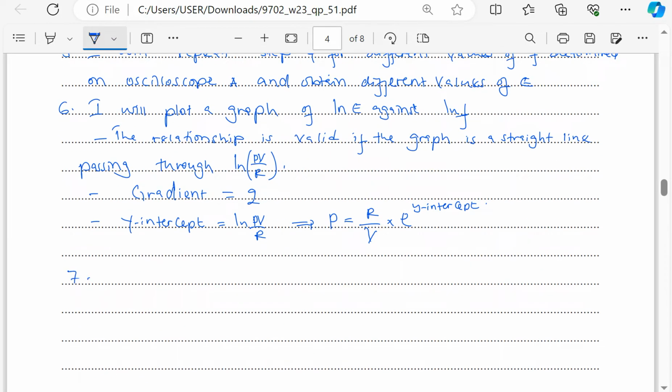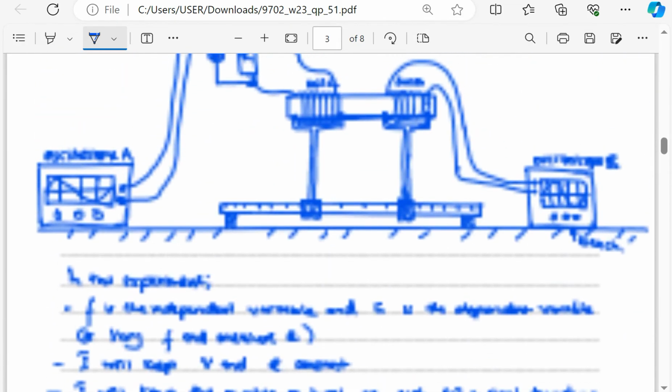Then step 7, for safety. I've talked about gloves, so I will use rubber gloves to handle the hot coil, which is especially coil, I think that is coil D. Is it coil D which is hot?